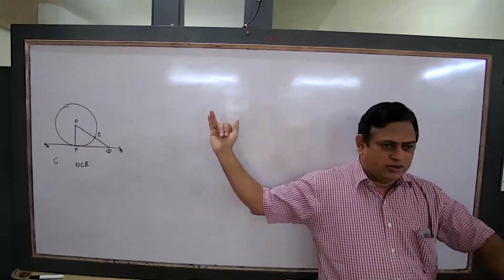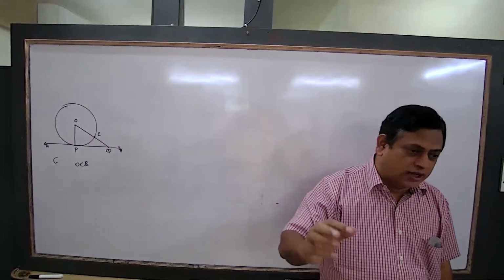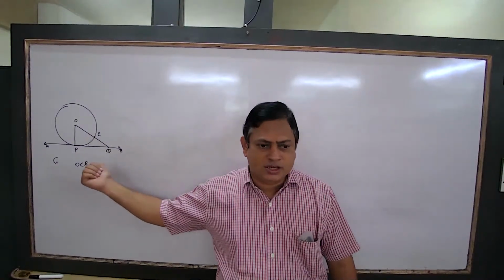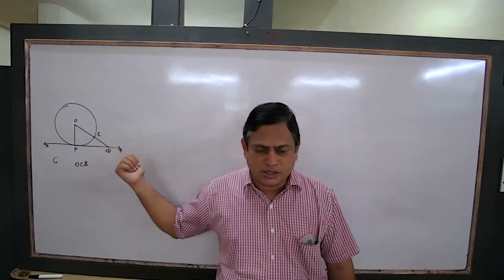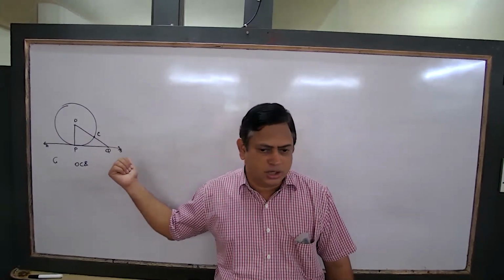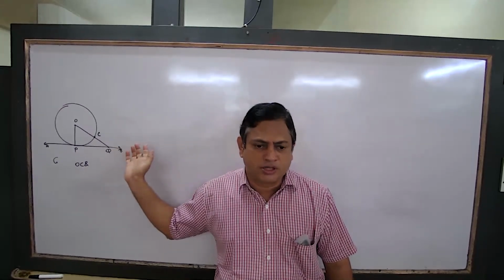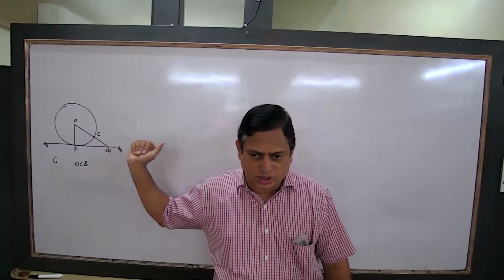Third, point Q lies exterior to the circle. Reason: if Q lies inside the circle, PQ will not be a tangent. Or if Q lies on the circle, then also PQ will not be a tangent. In both cases it will be a secant. Therefore, point Q lies exterior to the circle.